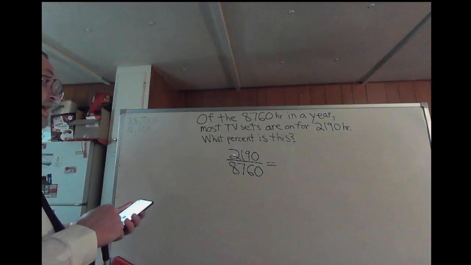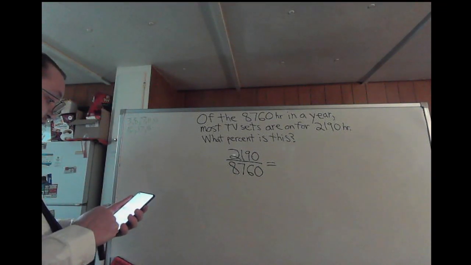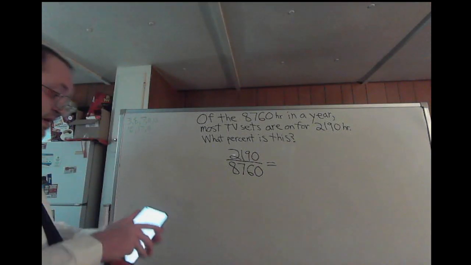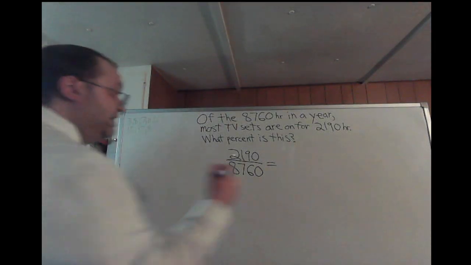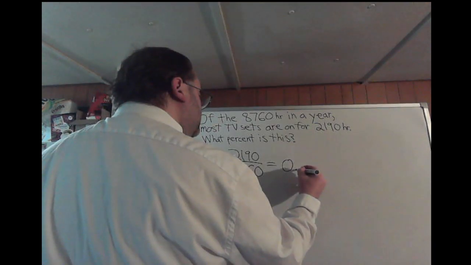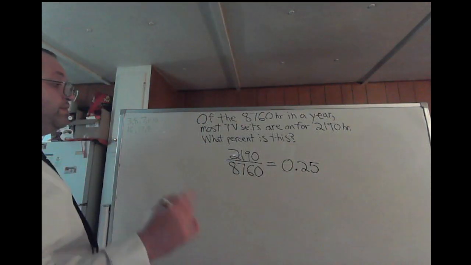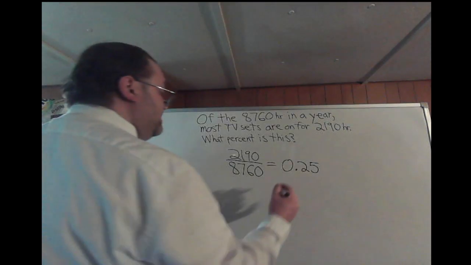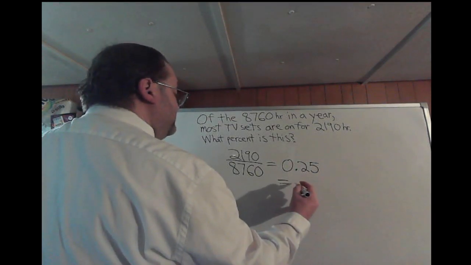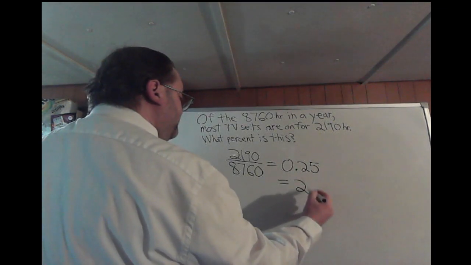Let's go ahead and divide 2,190 divided by 8,760. You get 0.25. We want to make that a percent. To make that a percent, move the decimal place two to the right, you'll get 25%.